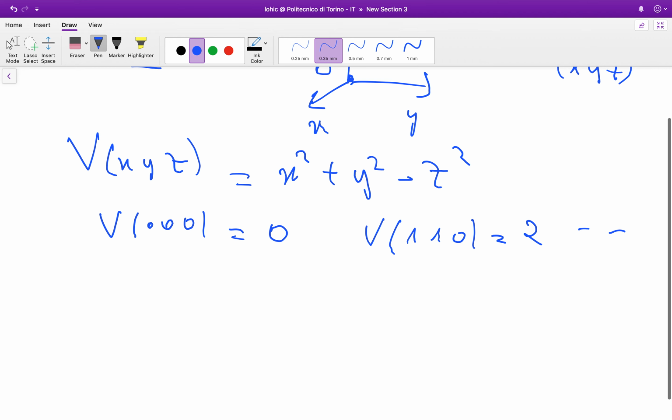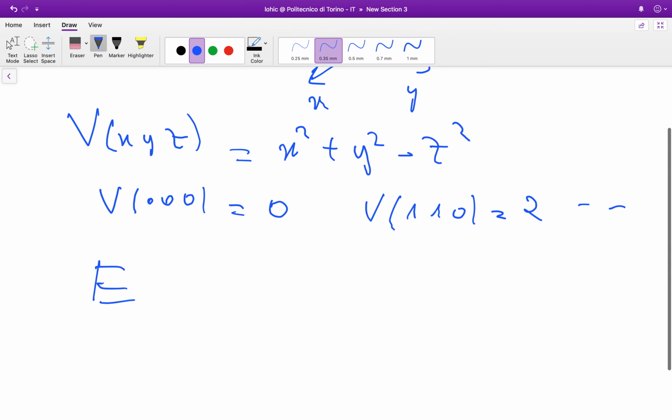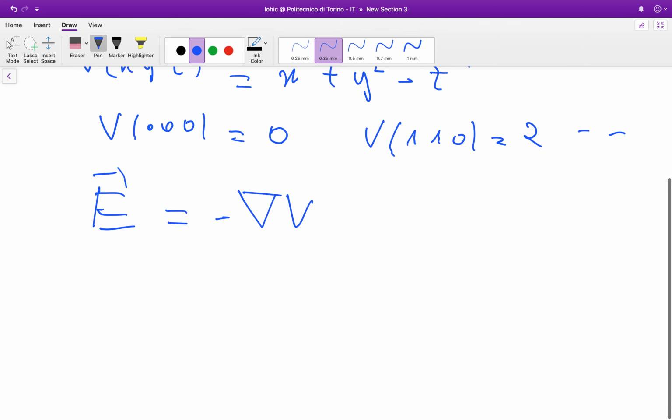Now, how from the electric potential can I compute the field at every point? We know that the field at every point is minus the gradient of the electric potential, yes or not? What does the gradient mean?